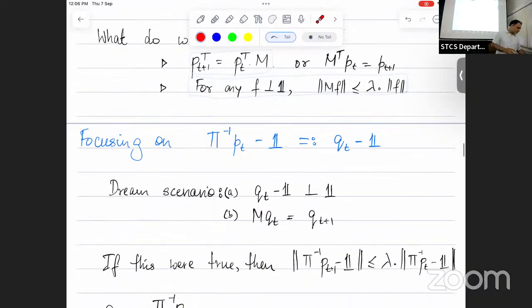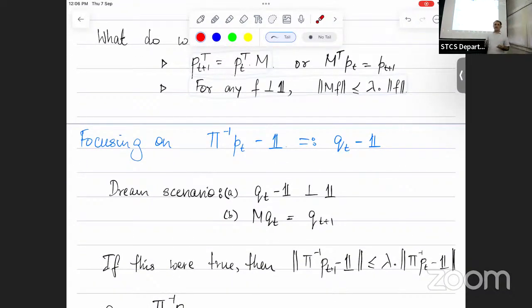If these 2 were true, then you immediately get the fact that every time I replace T with T plus 1, I'm going to get a shrinkage by a factor of lambda. And now as long as lambda was bounded away from 1, you notice that as T becomes larger and larger, the total variation distance is tending to 0. And in fact, it's going like exponentially down to 0.